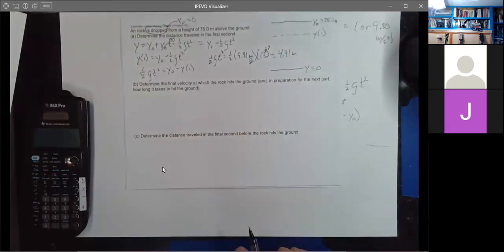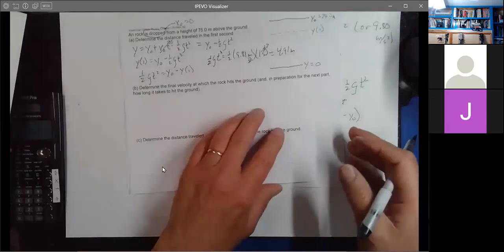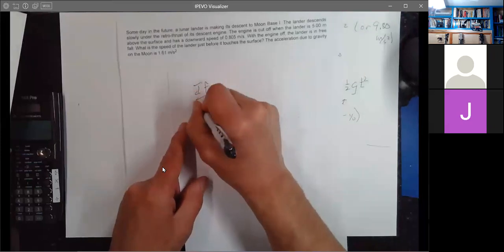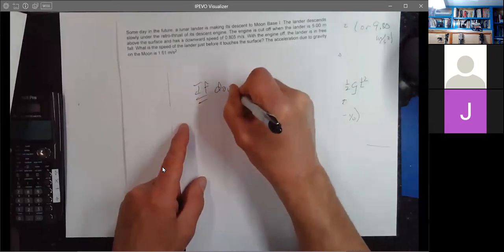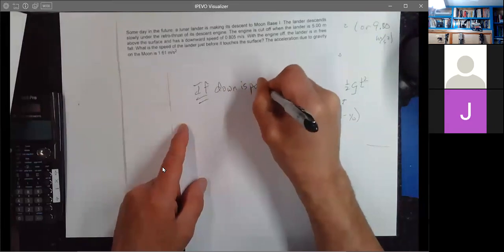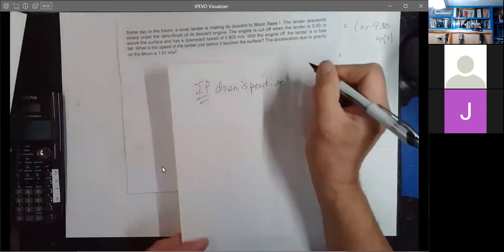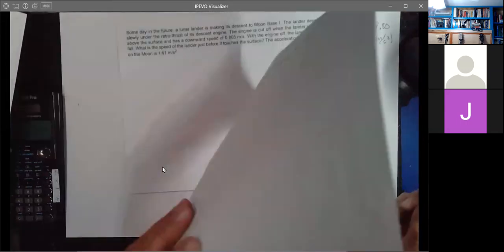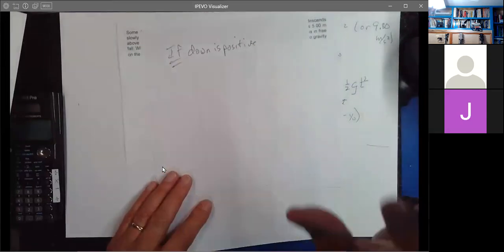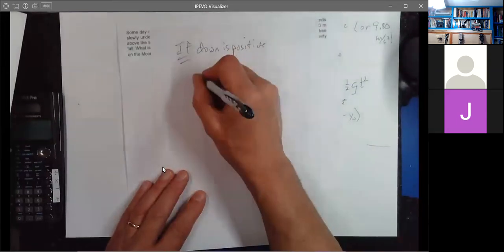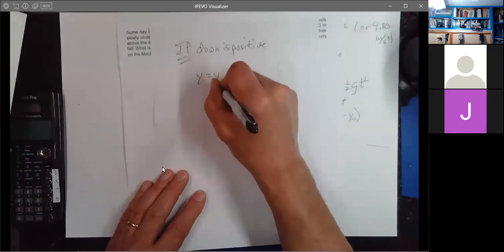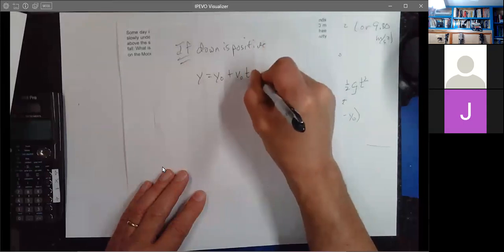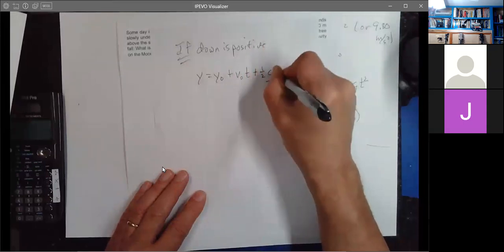We haven't done that, but if down is positive, and sometimes this is useful, especially if all of your motion is downward, and so you're standing on a bridge and you drop a rock, then you can rewrite these equations. y equals y naught plus v naught t plus 1/2 gt squared.